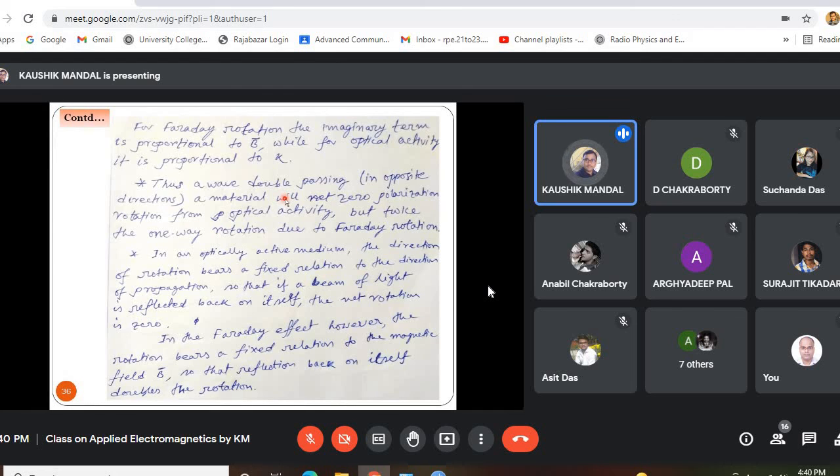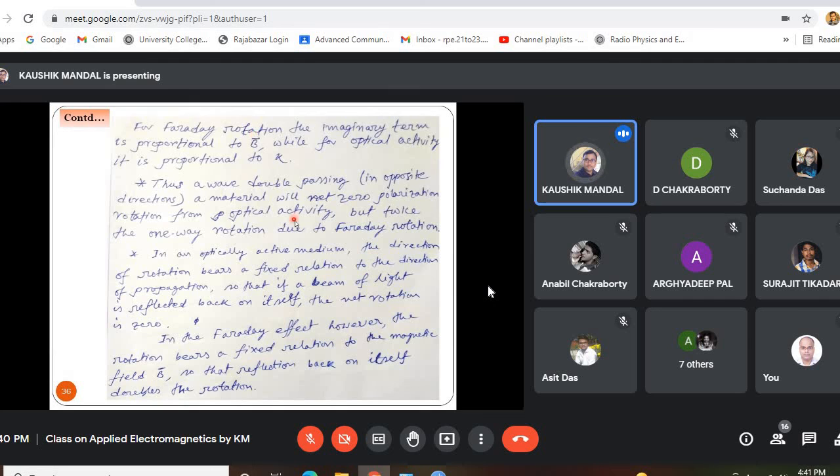So if you measure the amount of rotation of the plane of polarization from the point of view of optical activity, the net rotation will be zero, because it is proportional to k, the direction of propagation. Whereas in case of Faraday rotation, it is proportional to the applied B vector, the applied magnetic field.